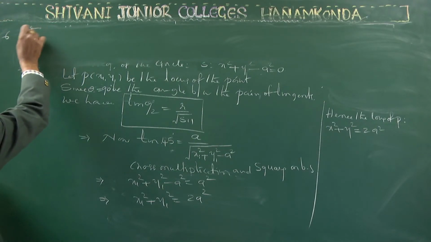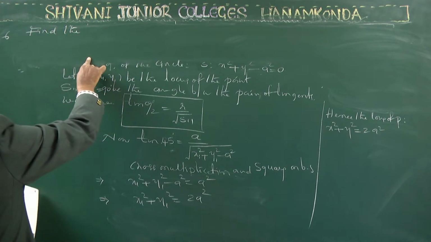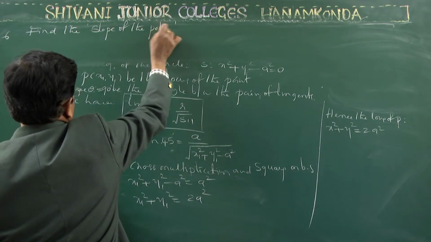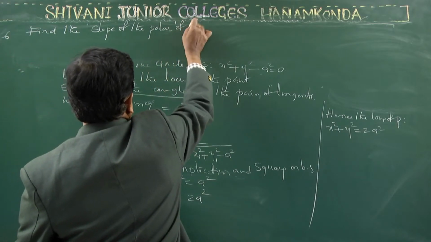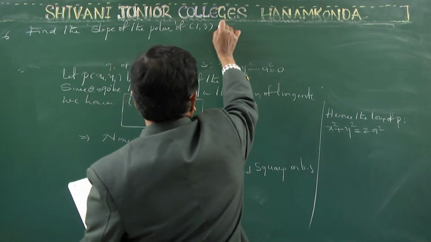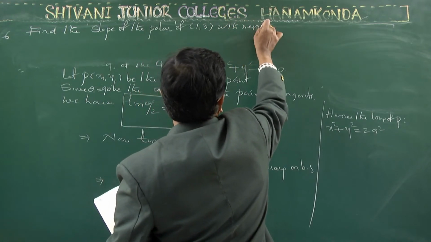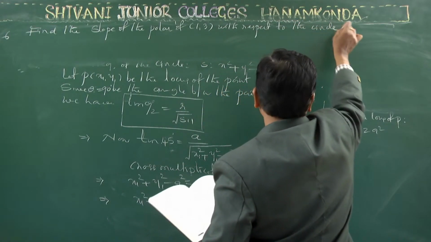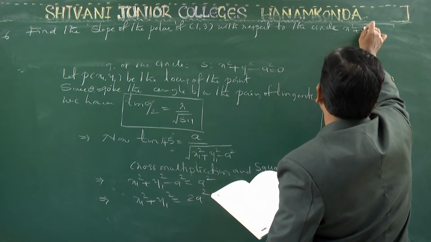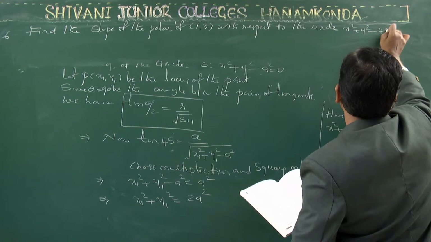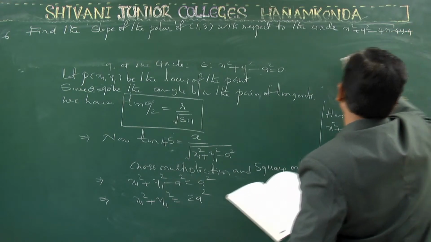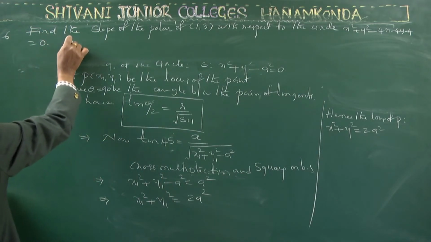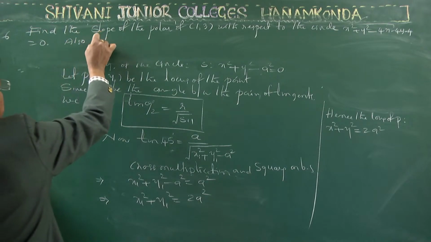Find the slope of the polar of 1, 3 with respect to the circle x square plus y square minus 4x minus 4y minus 4 is equal to 0. Okay, fine. Also find the distance.